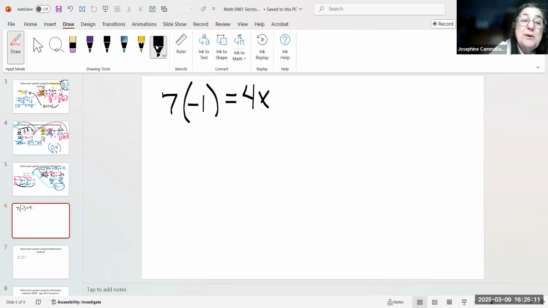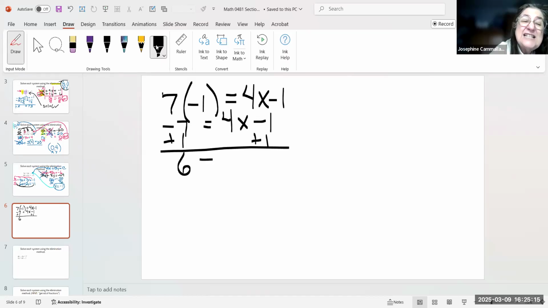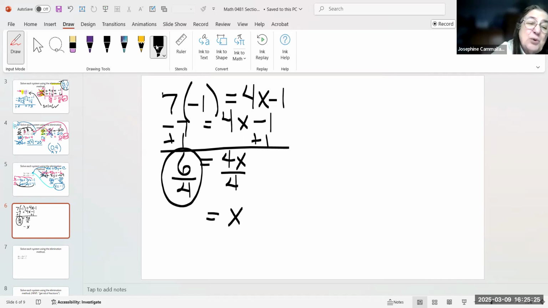Now, if I add 1 to both sides, I get a 6 is equal to 4x divided by 4. Now, remember, you've got to reduce this fraction. X is equal to 3 halves. Now, notice x.